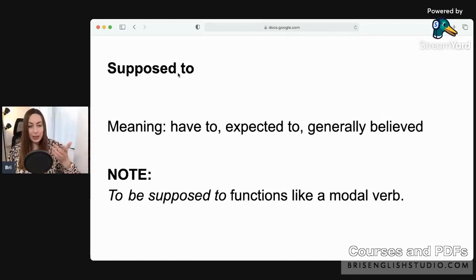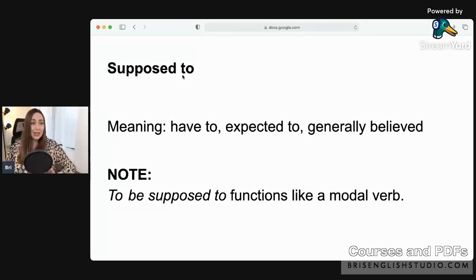So when I speak supposed to, it doesn't sound like there's a D. That is why many people make mistakes. Even native speakers, because we say supposed to, we get confused. Is there a D or is there not a D? When we actually sit and write it down, sometimes people make mistakes, but just know that we are using it with a D. Supposed to.